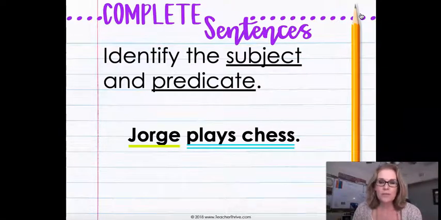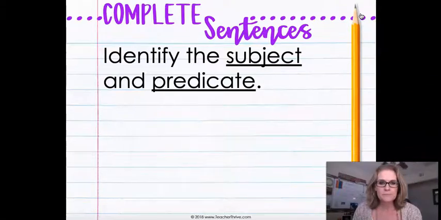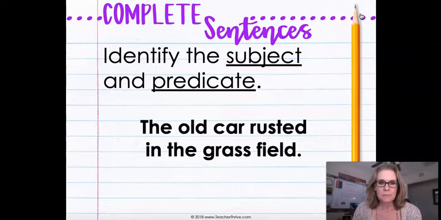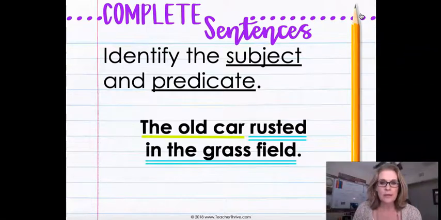We need both to have a complete sentence, a subject and a predicate. Let's look at this one. Identify the subject and predicate. The old car rusted in the grass field. What is the sentence talking about? The old car. That's our subject. Well, what about the old car? That's our predicate. It rusted in the grass field.